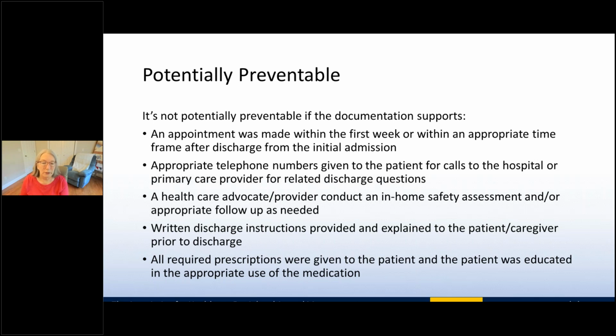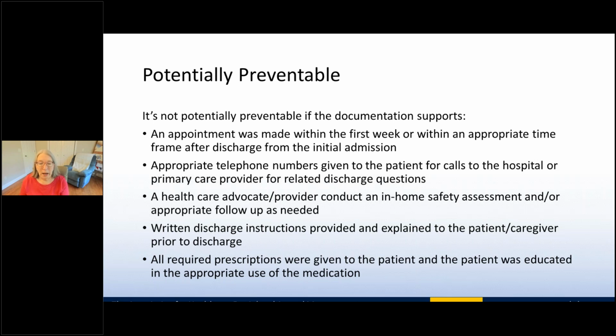So appointments to see their primary care, their surgeon, physical therapy, or whatever they need post-discharge. Did they get a list of telephone numbers to call so they know who to contact if they're having problems or have questions?